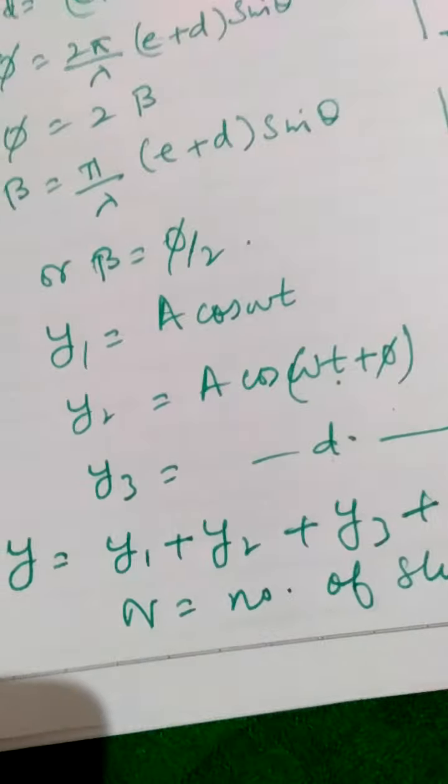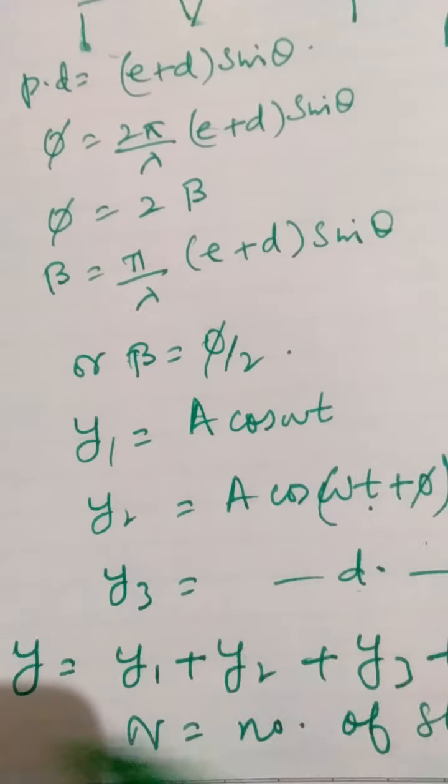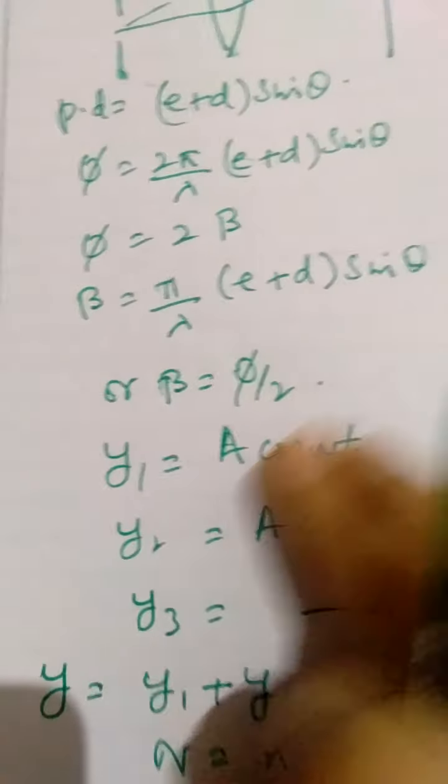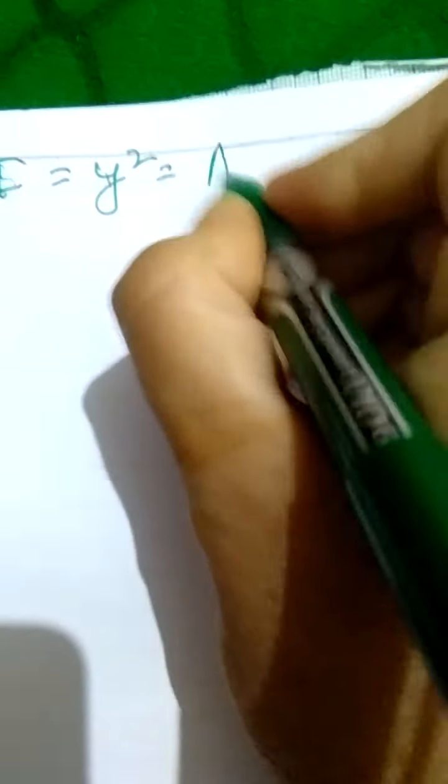Now we are basically interested in finding the intensity at a given point due to these n number of slits, for which we shall be squaring this y term. So the resultant intensity will be proportional to this y square. That will be given by, of course, A square will come out as common.